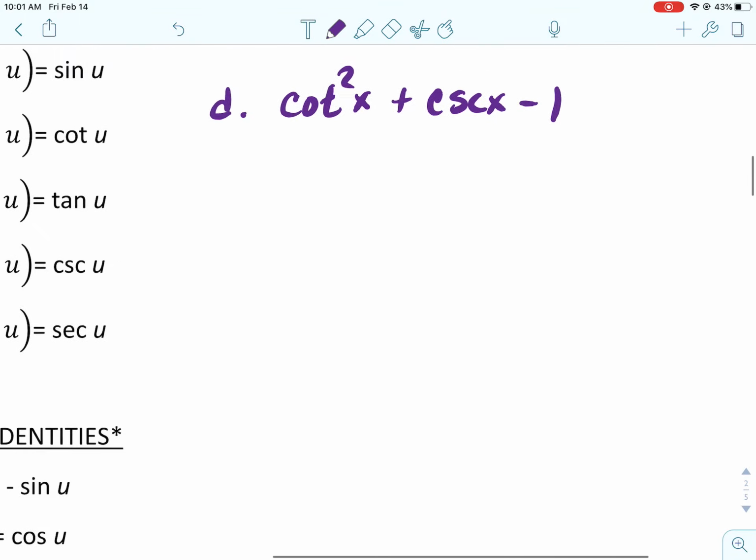I think so. Yeah, if you use number 11 and solve it for cotangent squared. So anytime I have cotangent squared of x, I can change it to cosecant squared of x minus 1, if that would help us. And in this case, it definitely will.